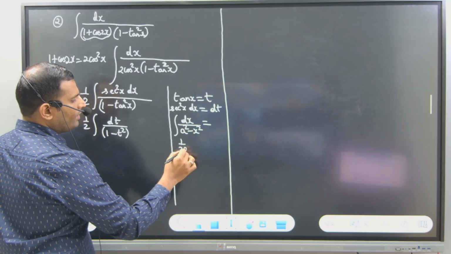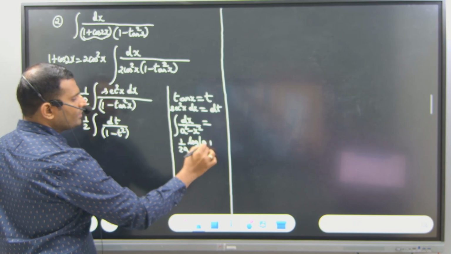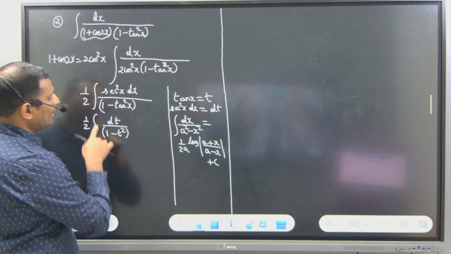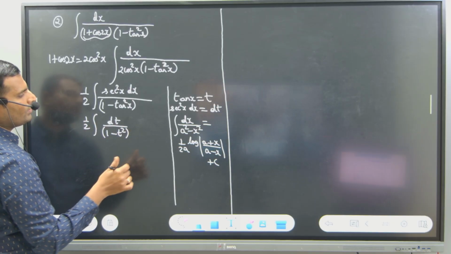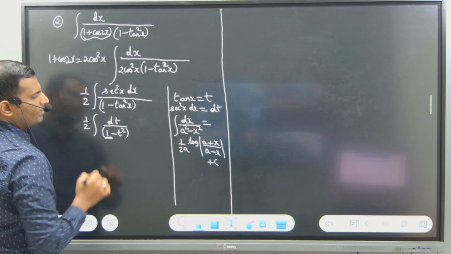1 by 2a into log mod a plus x by a minus x plus c. So we can use that directly here. How much is a here? 1.